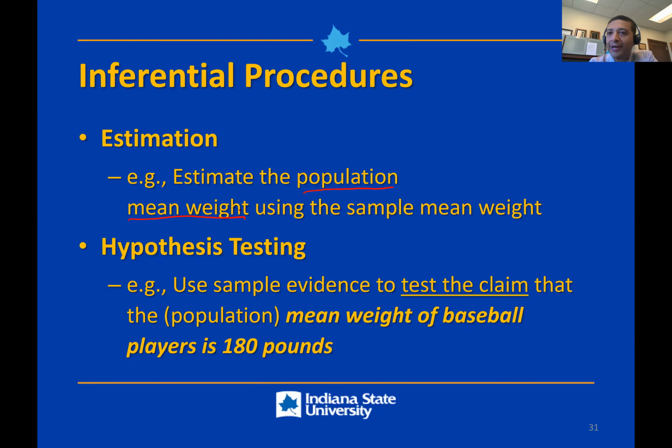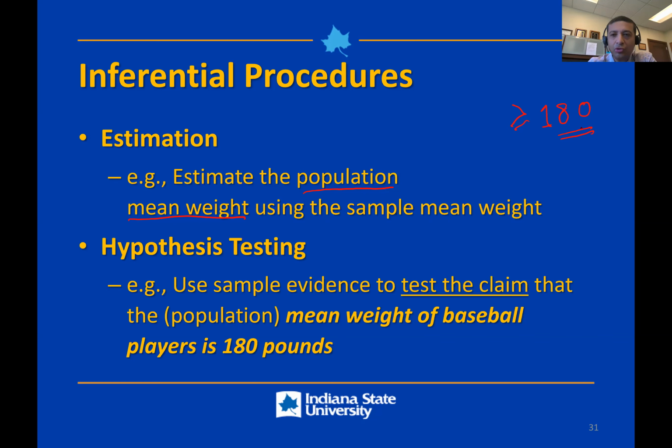Are baseball players overweight? And we said that as long as the claim is that it's 180 pounds or more, then it's overweight or it's not. So the mean weight that you are after is 180 pounds, but where do you capture that from? You don't have access to the entire population of every single person who plays baseball.